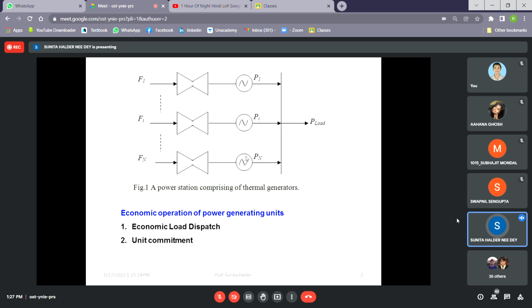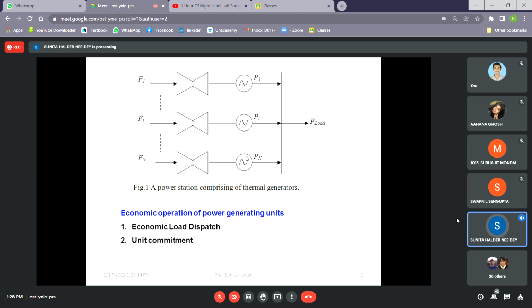But that thing was not true. Obviously, a generator with higher generation capacity will contribute more. That may be one thing from the mathematical point of view. But if we think about the economic aspect, then the generator which can generate power at the minimum cost, that should generate first, or we shall load the generators in that way, because how much a generator will generate, that generator will not decide.